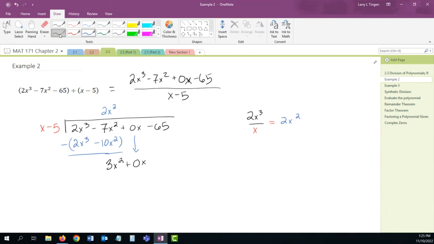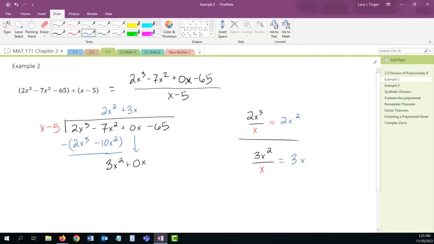Let's try it again. So now, the rinse and repeat part, my new leading term, 3x squared. I divide it by the leading term of the divisor. 3x squared divided by x gives me 3x.